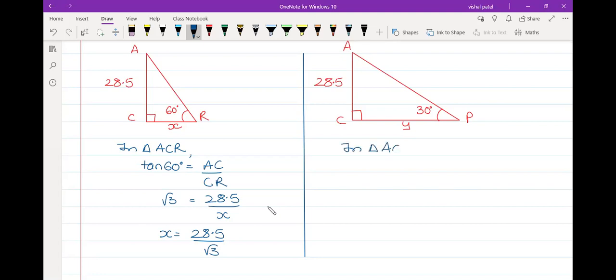In triangle ACP, tan 30 is opposite upon adjacent. Tan 30 is 1 upon root 3, 28.5 upon Y. So if I cross multiply, what I'll get? 28.5 root 3.